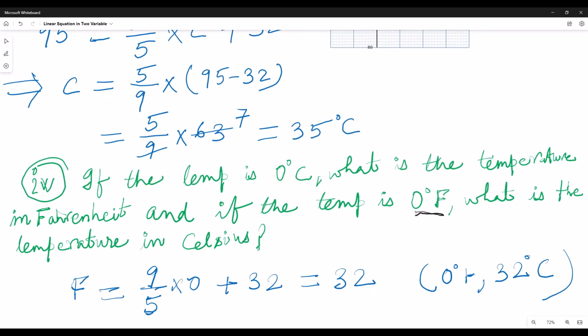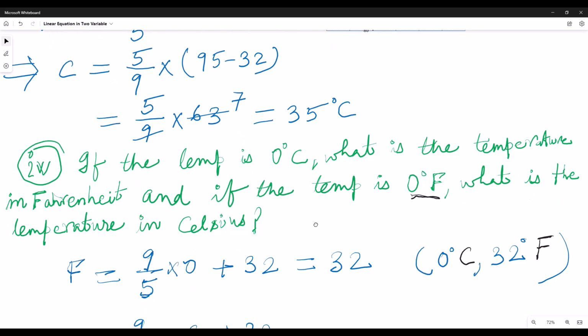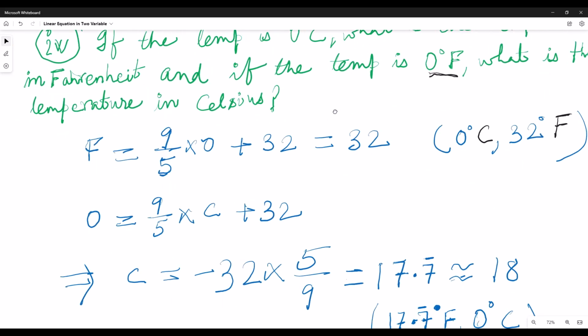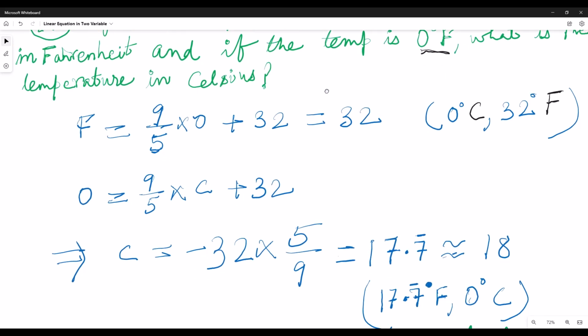So this is around 0 degrees Celsius and 32 degrees Fahrenheit. So if you put degrees Celsius as 0, then it is 32 degrees Fahrenheit.